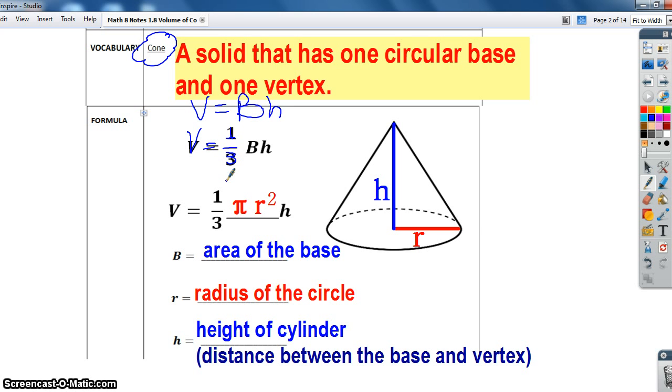That means how many cones would it take for me to make this a cylinder? How many cones would fit inside that if it was a cylinder? 1, 2, or 3? 3. All right? So we could find the volume of a cylinder divided by 3, and that would tell us what a cone would be with that size of a base. And then our base area is the same as the cylinder.